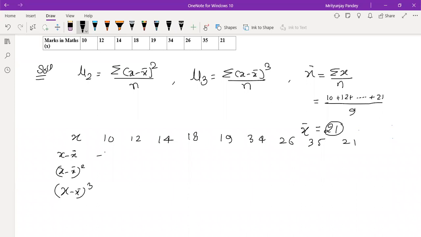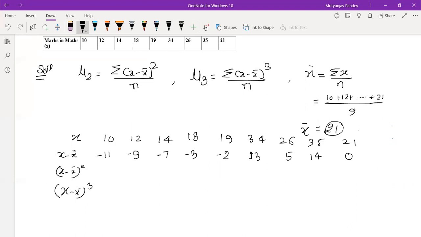So this is minus 11, minus 9, correct na? And 14 minus 21, minus 7, 18 minus 21, that is minus 3, 19 minus 21, that is minus 2, 34 minus 21, that is 13, 26 minus 21, this is 5, 35 minus 21, 14, and this is 0.